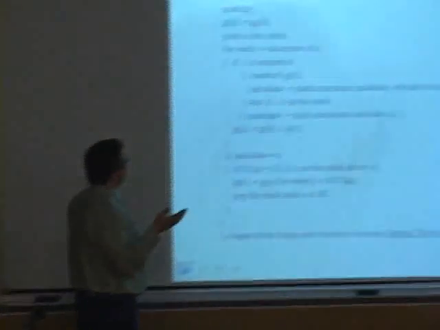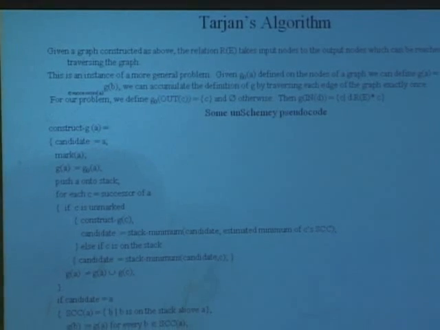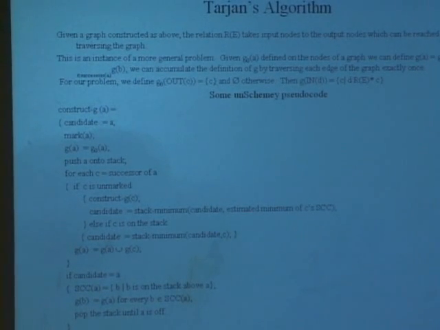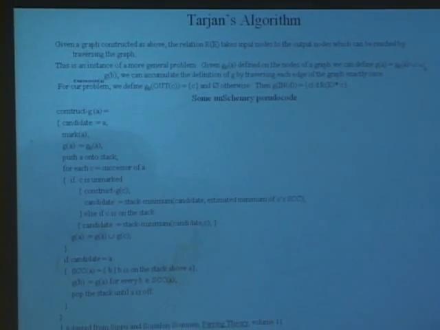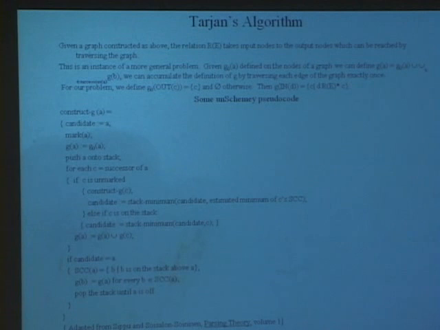Now, to compute this relation, we'll do Tarjan's algorithm, which I have a distinctly non-schemy version written down here, which I adapted from Sippu and Soisalon-Soininen, and parsing theory. And this, of course, came from a 1972 paper by Tarjan.